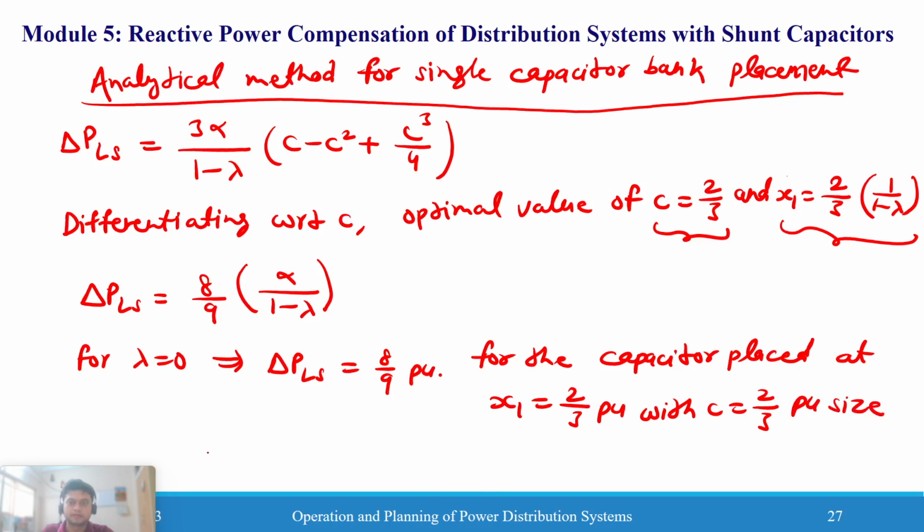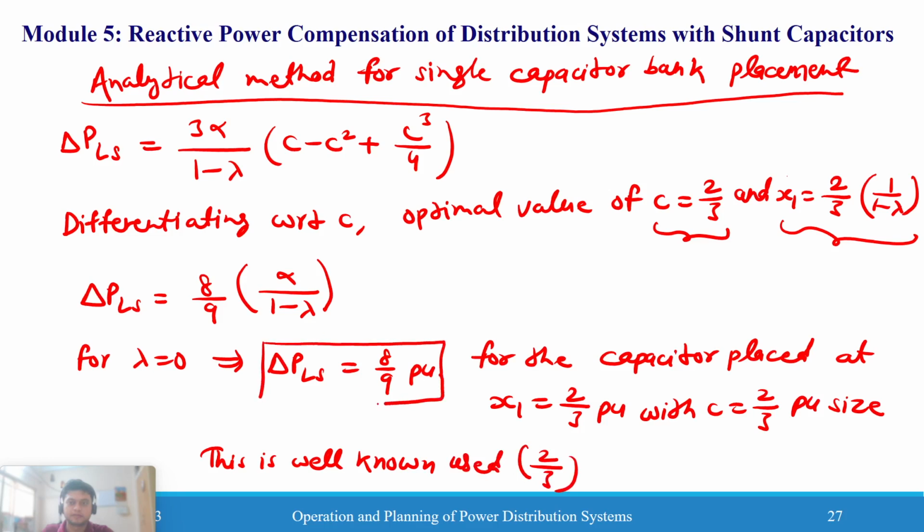So this is the well known 2/3 rule, a thumb rule for capacitor placement.